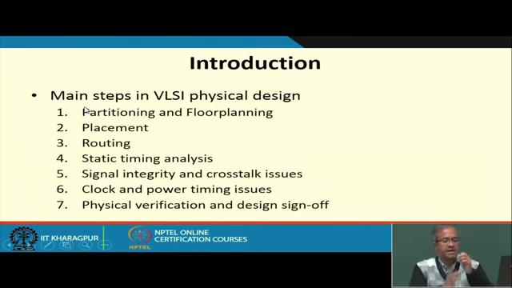Again, I repeat, whenever I talk about VLSI physical design, I assume that I already have a circuit netlist available with me. Typically, it is a transistor level netlist. It can also be a gate level netlist, which can be technology mapped to standard cell libraries. So, I assume that that kind of a netlist is already available to me.